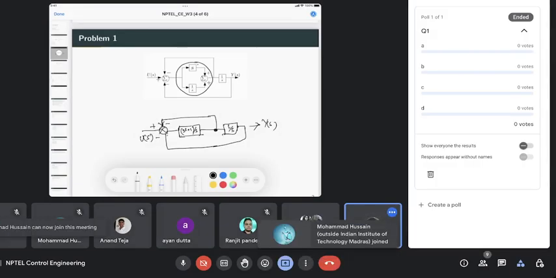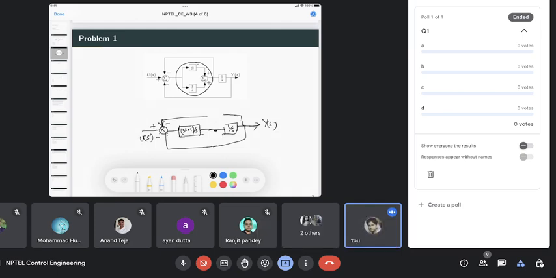So for example, if I take this signal from here, then what should be the value of this block? Can anyone answer? So instead of this point, I'm taking it there.